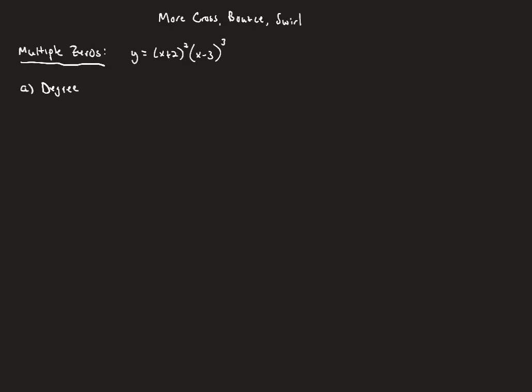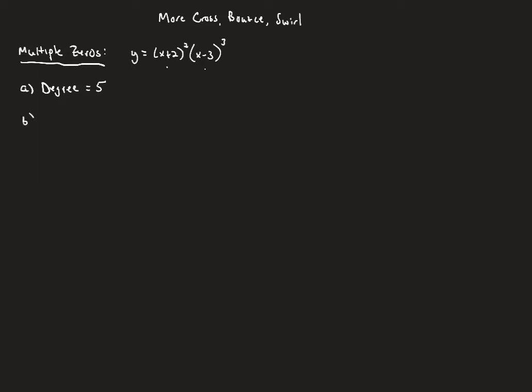We can tell what it would be without actually multiplying it out: (x plus 2) squared will give us one term that has an x squared in it, and (x minus 3) cubed, when we multiply it out, will have a term that has an x to the third in it. When those two highest powers of x multiply each other, we'll end up getting an x to the fifth, which means this is going to be a fifth degree polynomial.